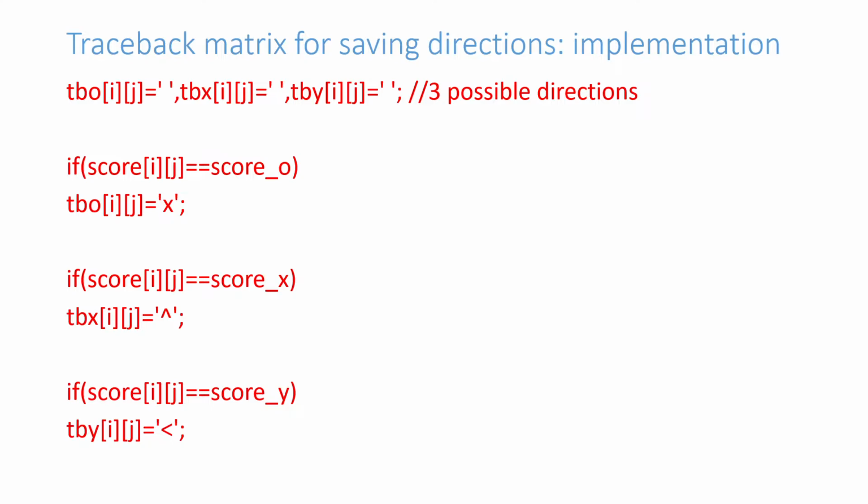You can see if the score of the present cell ij is equal to the score of the diagonal, TBO will be set to the character x.